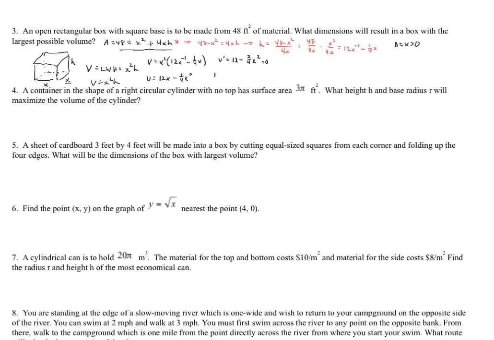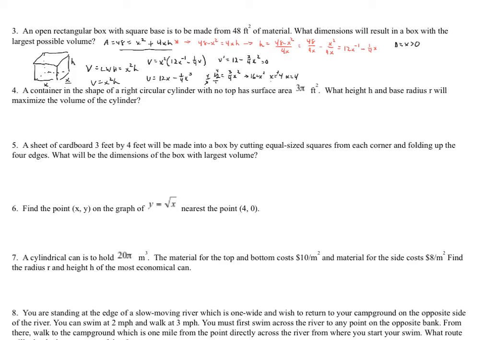Adding the 3/4 x squared to the other side, 12 equals 3/4 x squared. We can multiply by 4/3 on both sides to get x squared by itself, and that works out nicely: x squared is 16. So x could be positive or negative 4, but only 4 is in our domain. Only 4 is a reasonable choice for a side length.